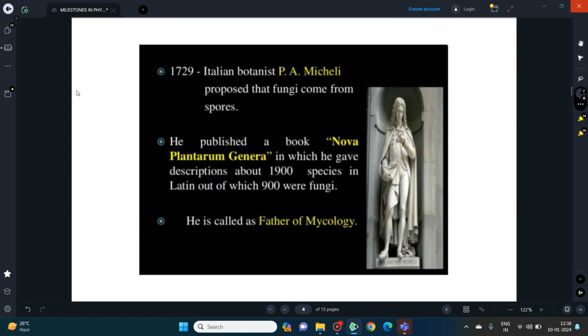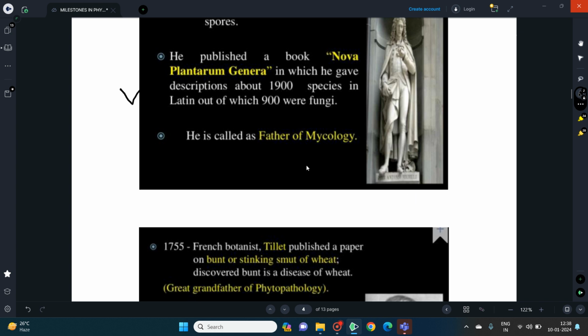In 1729, Italian botanist P.A. Micheli proposed that fungi come from spores. He published a book, Nova Plantarum Genera, in which he gave descriptions of about 1900 species in Latin, out of which 900 were fungi. He is called the father of mycology.